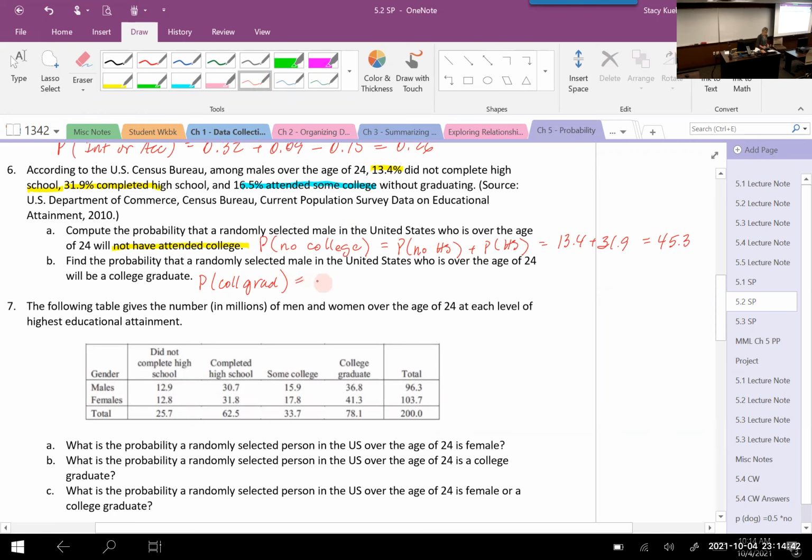So it looks like 100 in this case, because we're talking about percents, 100 minus the probability of no high school, minus the probability of some high school, minus the probability of no college with no grad. Right? You add them up and you subtract from 100, and you should get 38.2%.